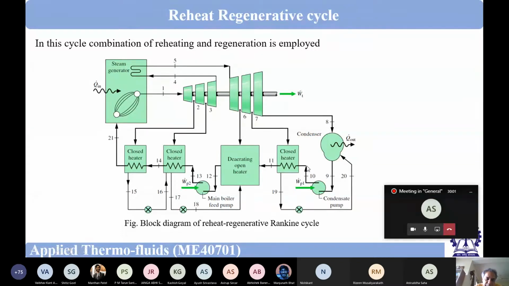Here I have got condensate, and the condensate is going through the closed water heater, and steam is coming, and then steam is also condensing, but these two condensates are not mixing. And this I have to send back in the backward direction. So if I send it back, I do not have any other place. I have to send it to the condenser.